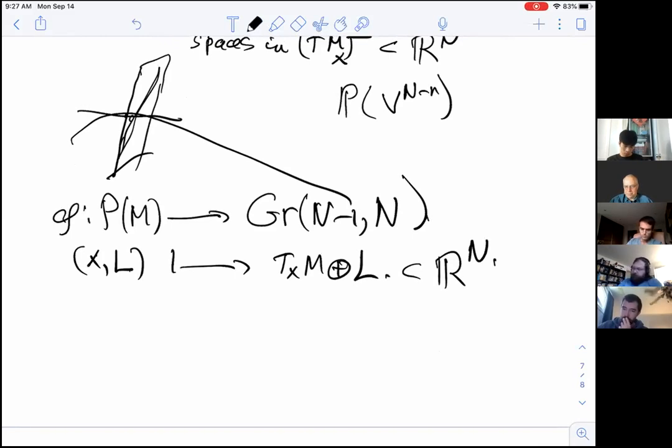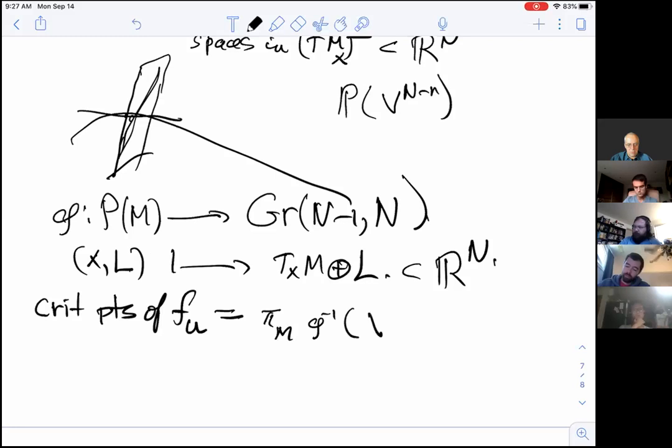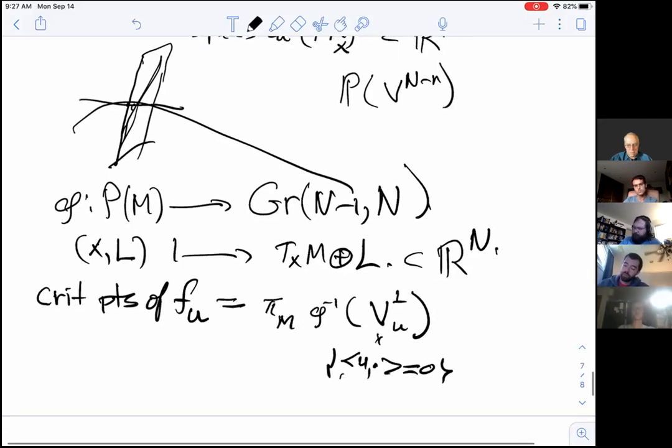And then it's easy to check that the critical points of F_U are simply the projection to M of phi inverse of the perpendicular space to U. Call that V perp U. So this is the space perpendicular to U. So those are the critical points.